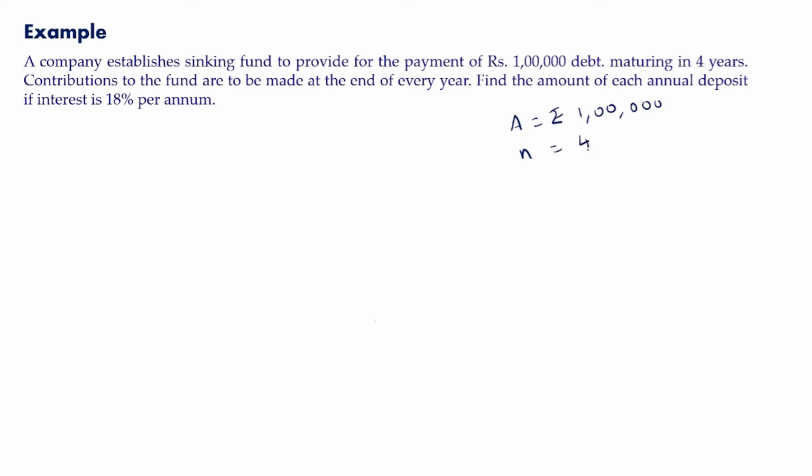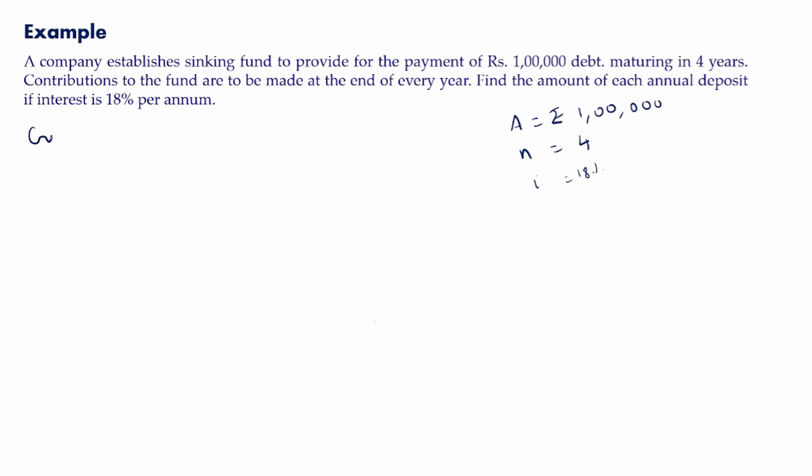Here n is 4, and it is asked to find the amount of each annual deposit if interest is 18% per annum. So using all these, we have to find the amount of each annual deposit.